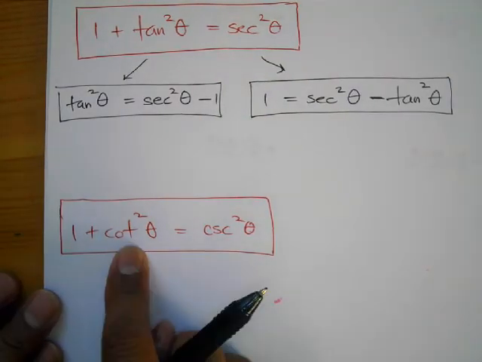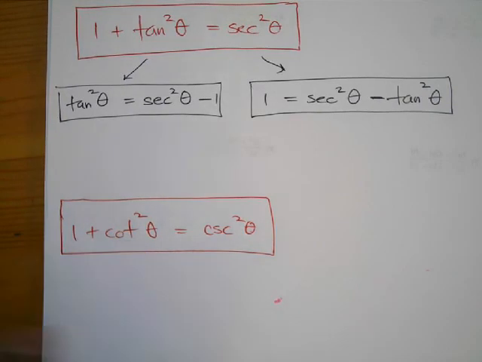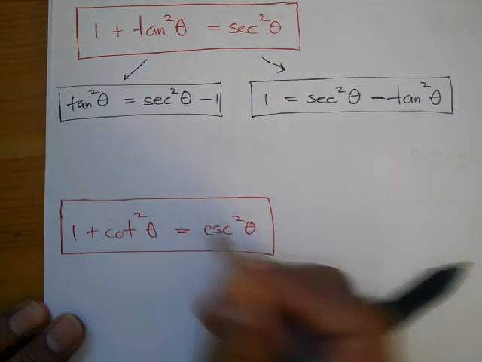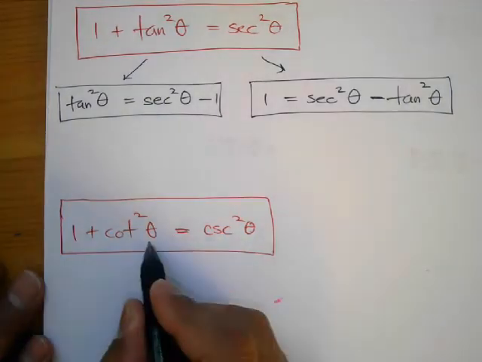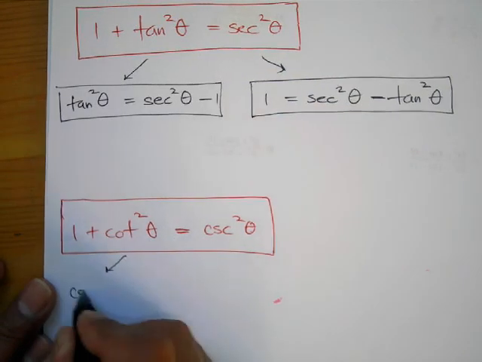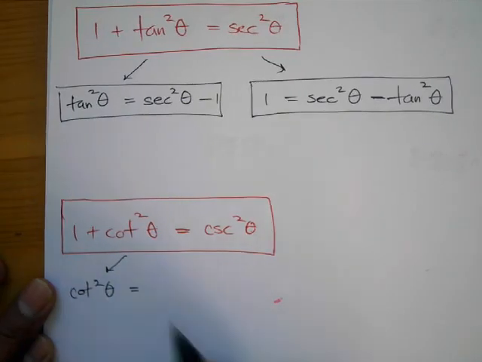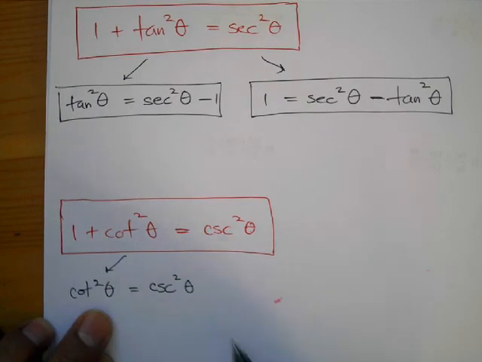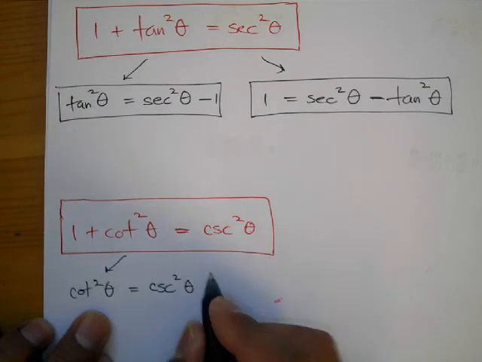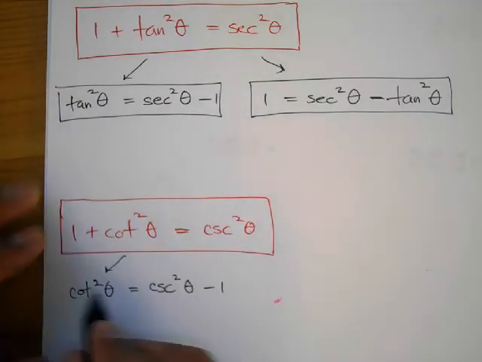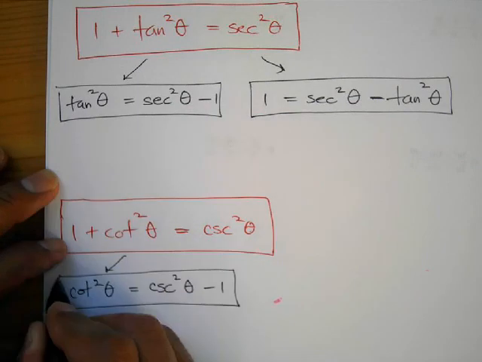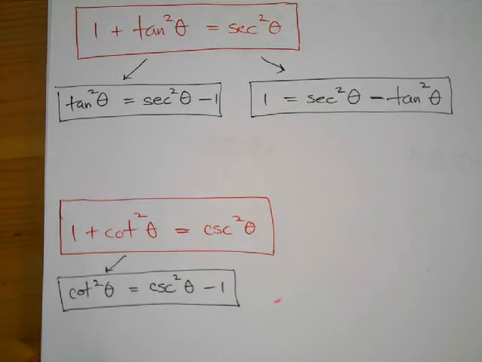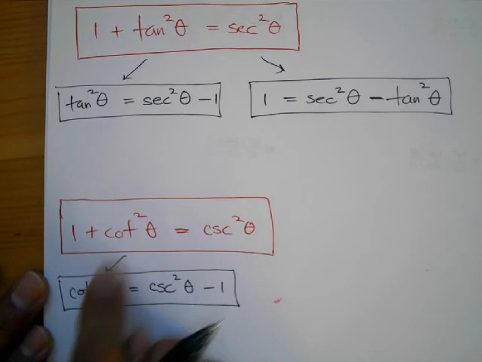So what can we do here? Let me keep the cotangent squared here. Then cotangent squared theta is equal to cosecant squared theta, and moving the positive 1 over, that's going to be minus 1. Here's another form of that one.